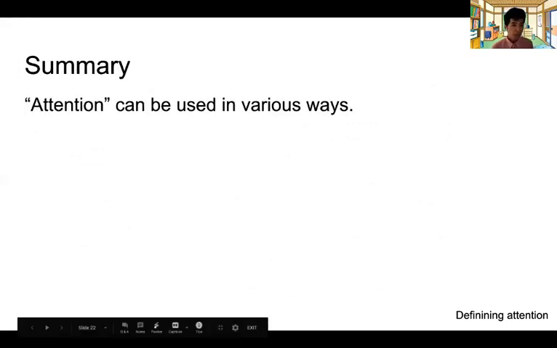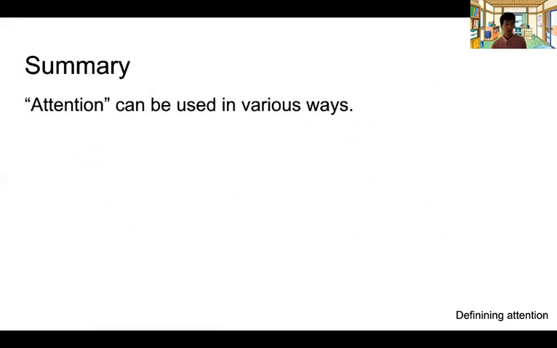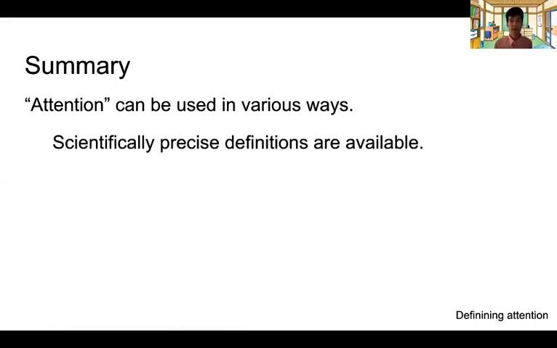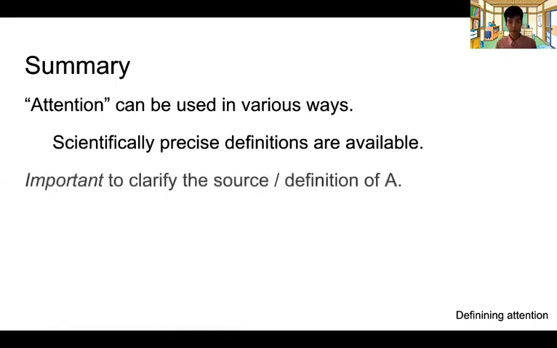Okay, in summary for this part, attention in everyday language can be used in various ways, but scientifically precise definitions are available, and we need to talk about it in a more precise way. And it's important when you read or write about attention to clarify what you mean by attention, because there are many definitions and sources.